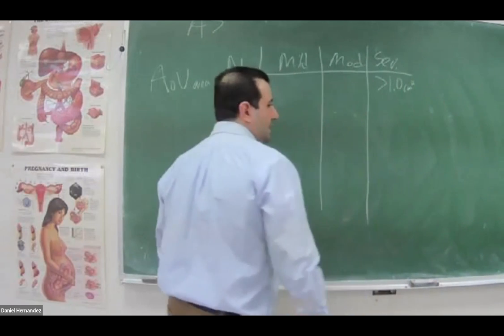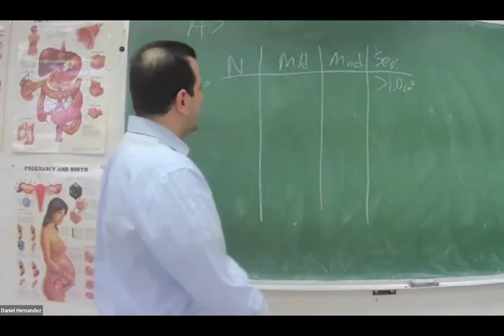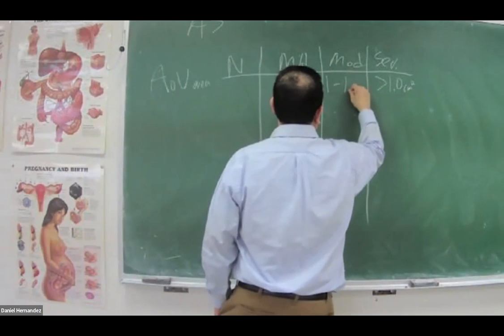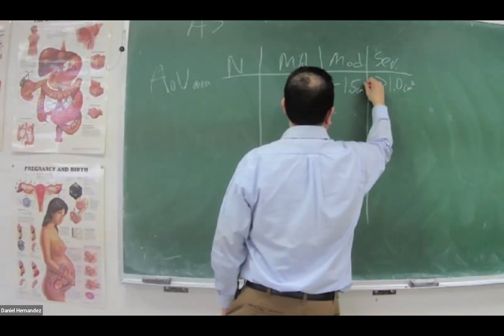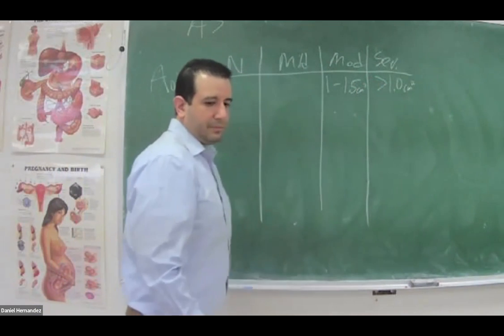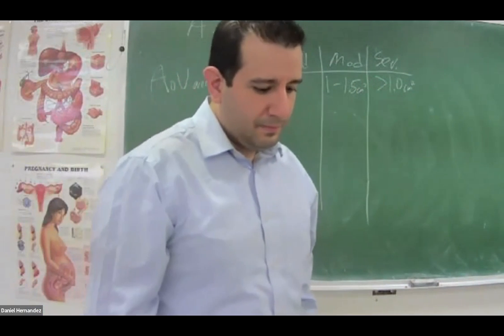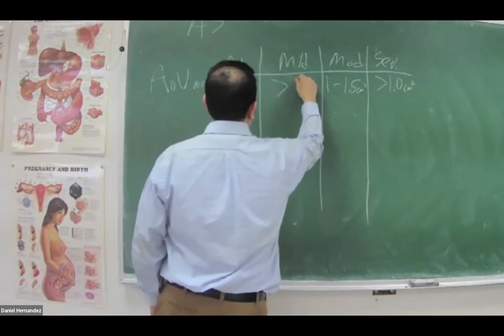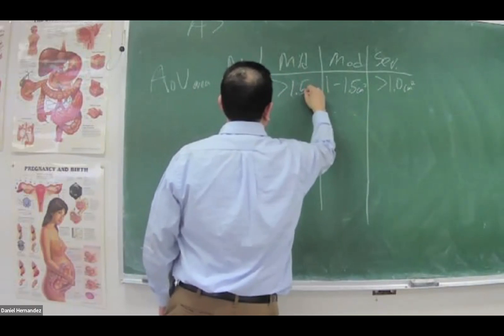Moderate is the same as our mitral valve, 1 to 1.5 centimeters squared. And mild is going to be greater than 1.5 centimeters squared.